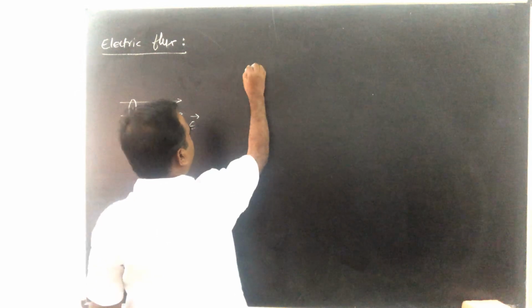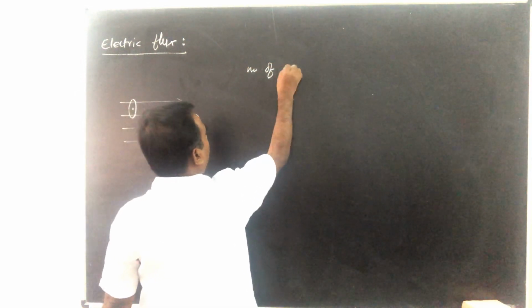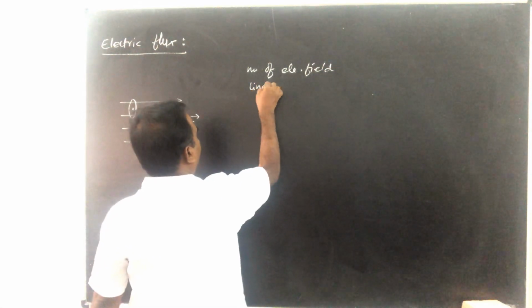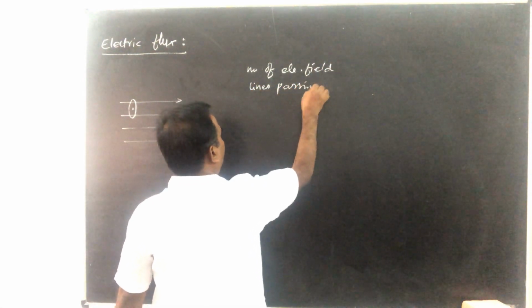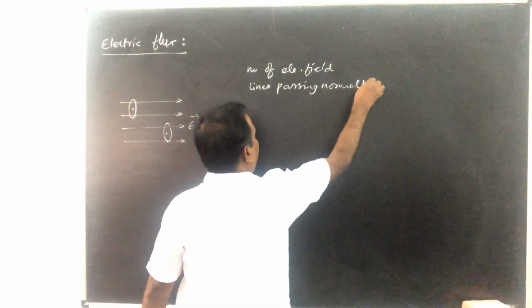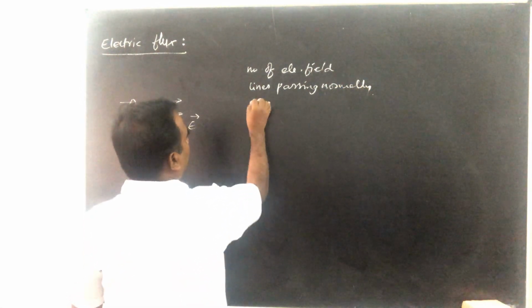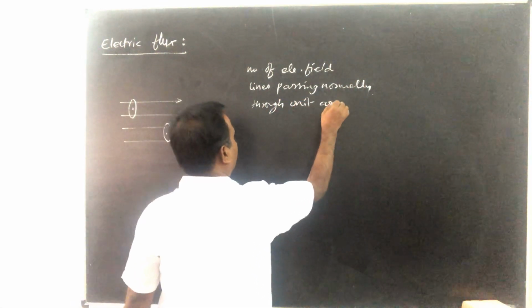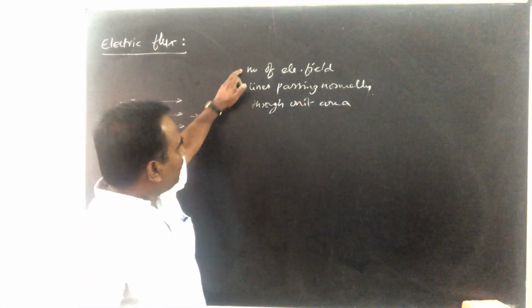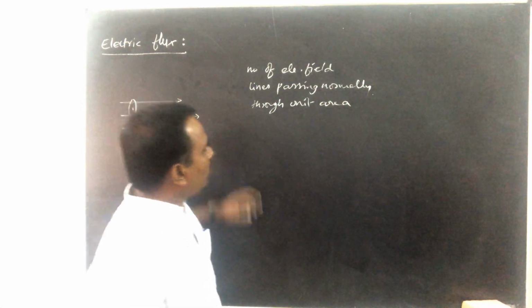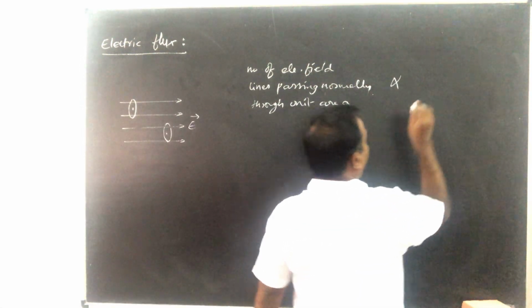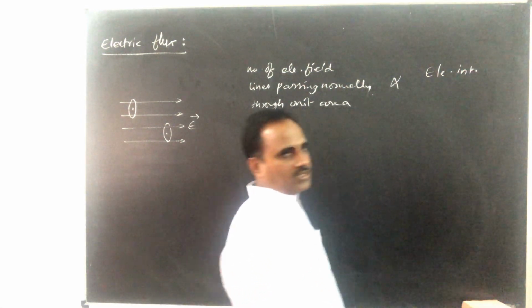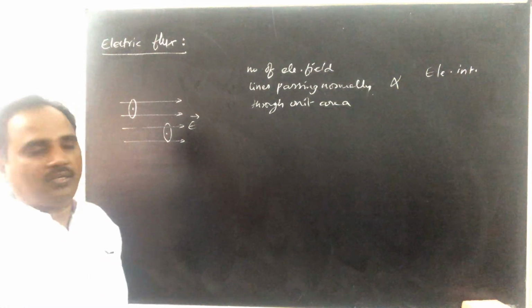See, the number of electric field lines passing normally through unit area is directly proportional to the electric intensity or strength of the electric field.